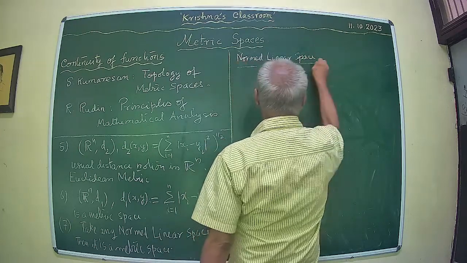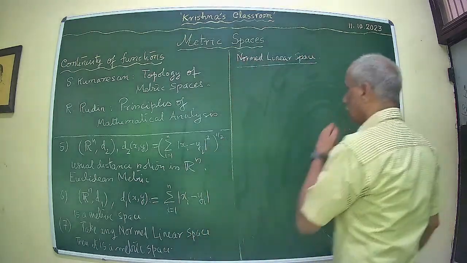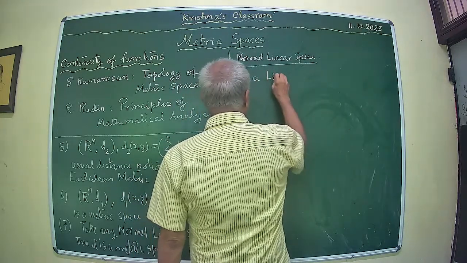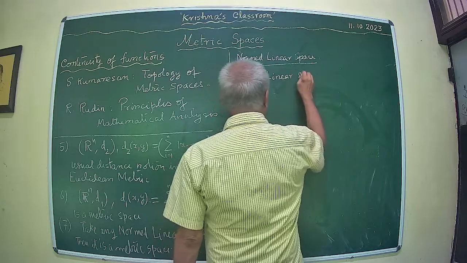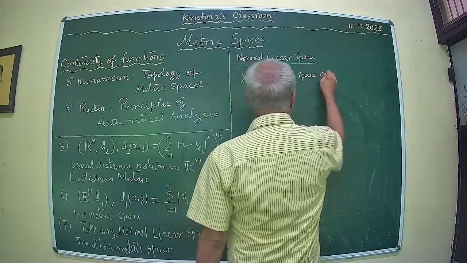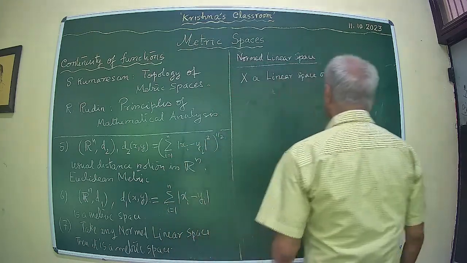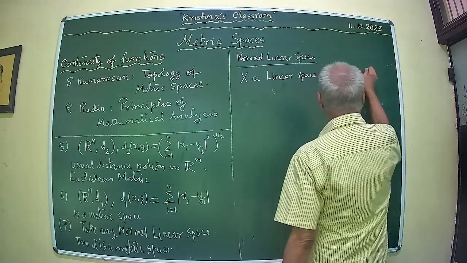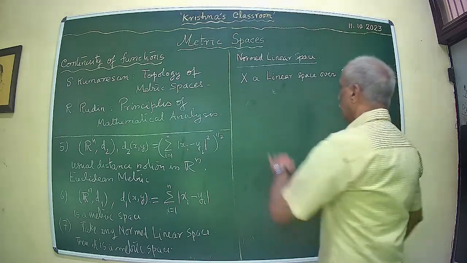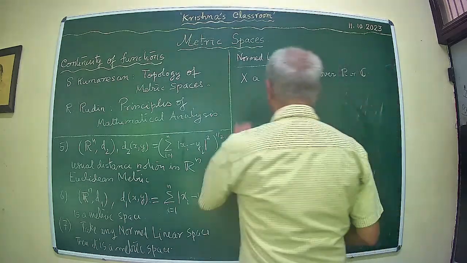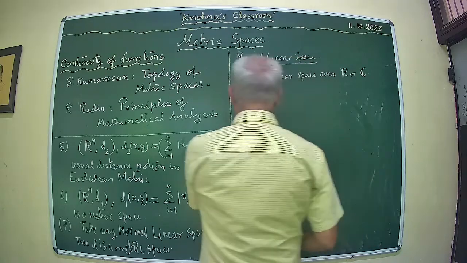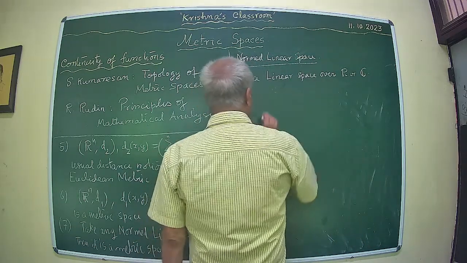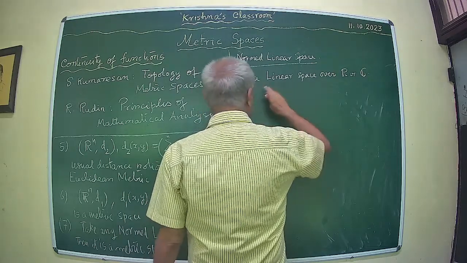Okay, so there are two things as you see here. X a linear space over R or C. Now we define, I am not going into the details of this.